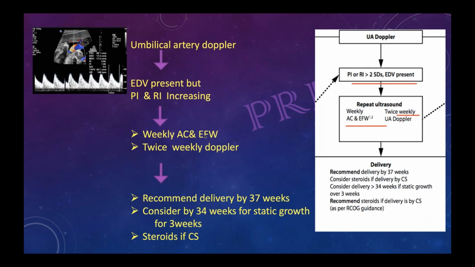You will do her growth scan every week, and umbilical artery Doppler 2 times in a week. You will recommend delivery by 37 weeks. You can consider 34 weeks if the growth is static. Steroids according to what we are reading in our guidelines. So is this clear? You will get a line of questions from this slide. Is it clear?